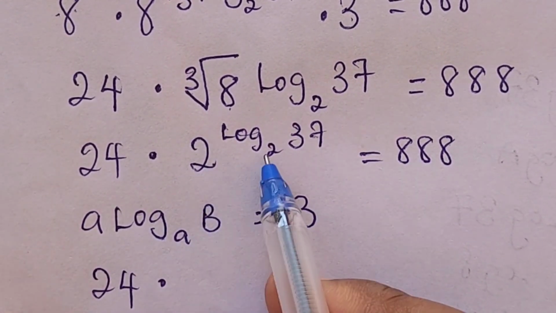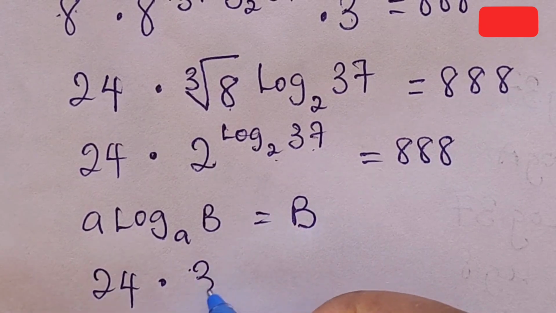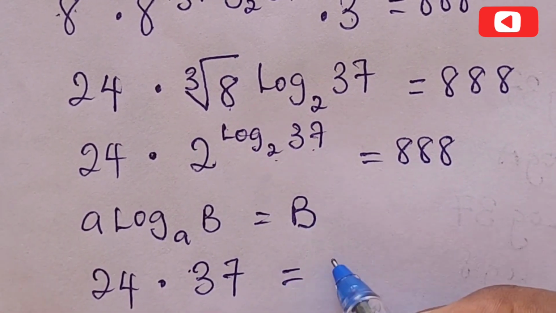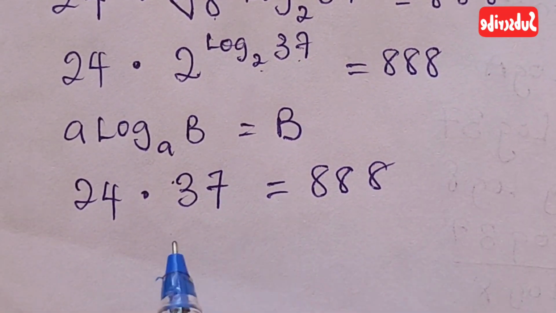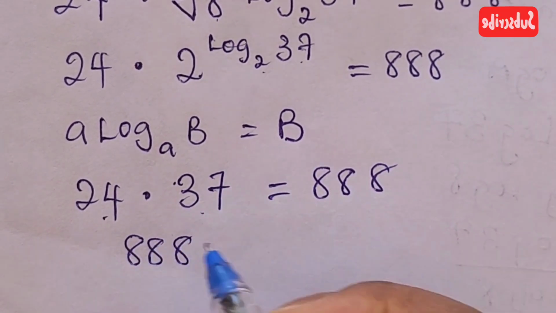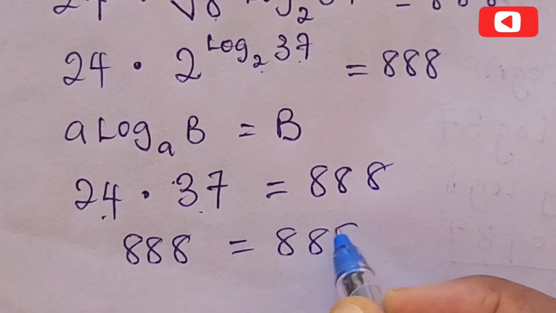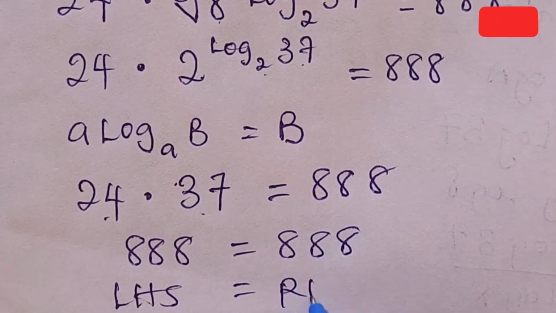Since we have 2 to the power of log to base 2 of 37, we have 24 times 37 is equal to 888. So when we multiply this, we'll get that 24 times 37 is 888, which is equal to 888. So our left hand side equals the right hand side.